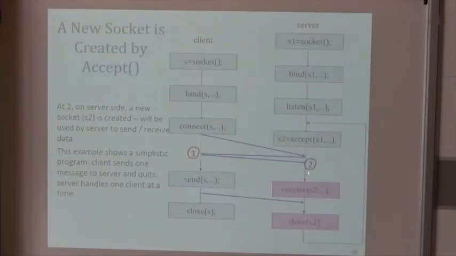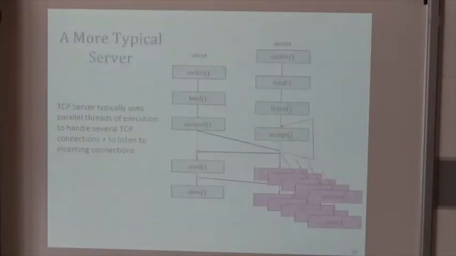This is a very simple server that receives the data, does the job, and when the job is done, closes the socket and comes back to accept another TCP connection. Of course, a web server does not serially handle the clients. If you would do that, you would be very slow.